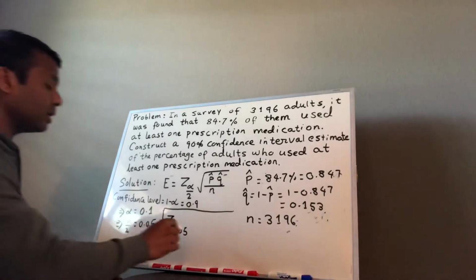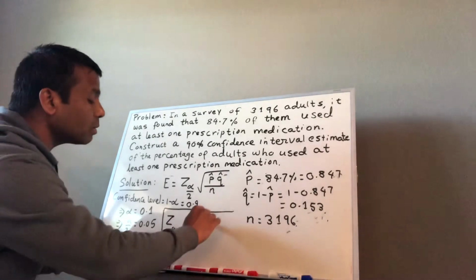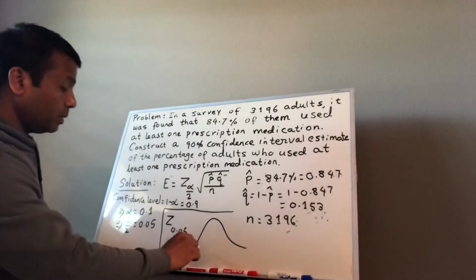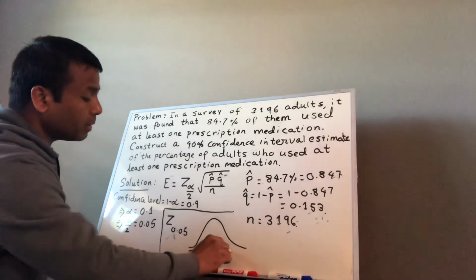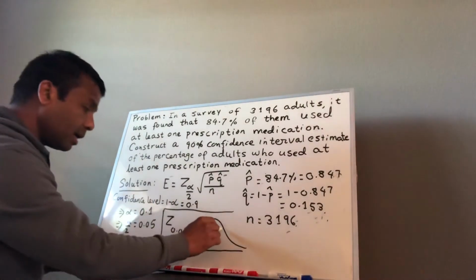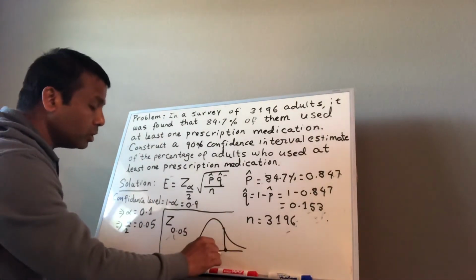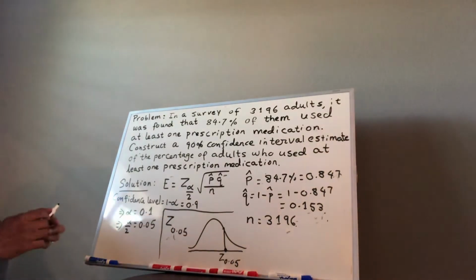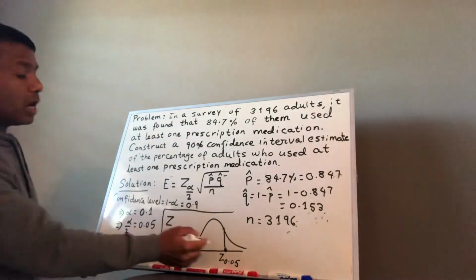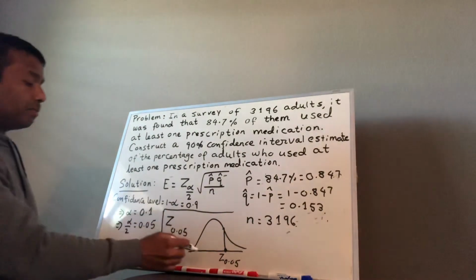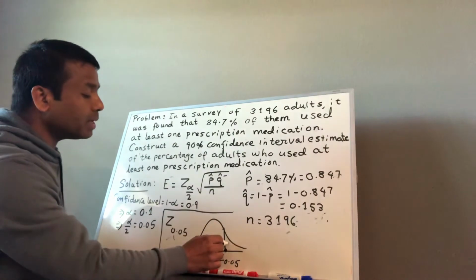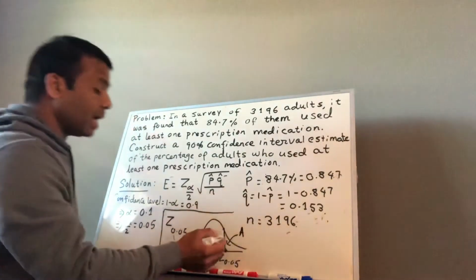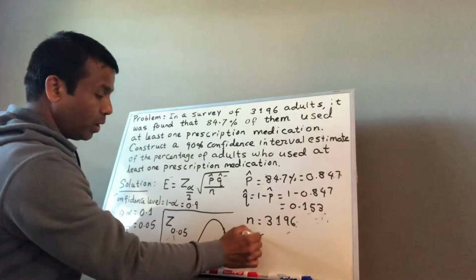So what does that mean? That means you have the density curve for the standard normal, right? This is your density curve, and this is Z.05. So that means the area to the right of Z.05, this area, let me denote it by A, is 0.05.